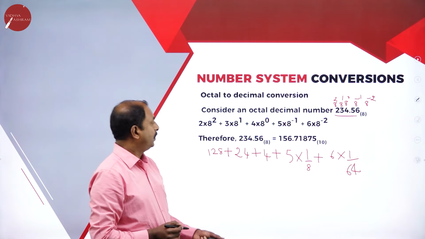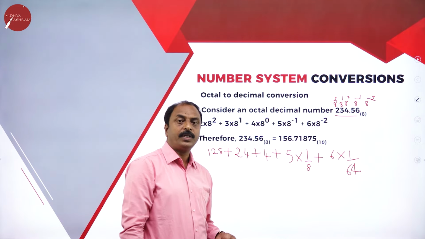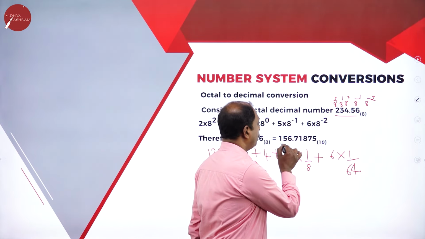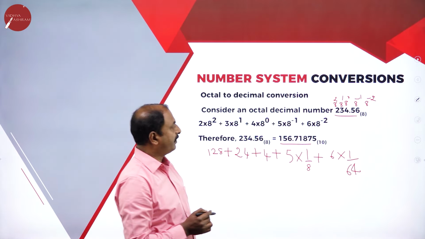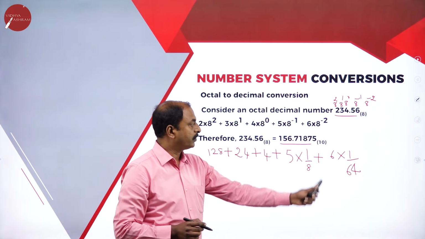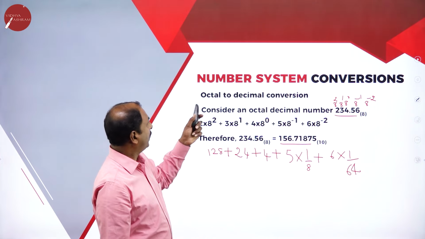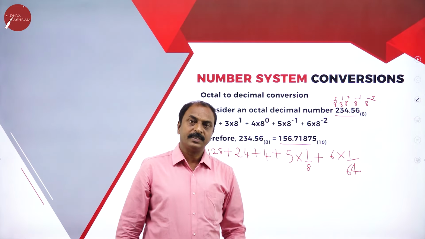So when you simplify all these things and add all these values, you will get the answer as 156.71875 to the base 10. So this is how we convert from octal to decimal number system.